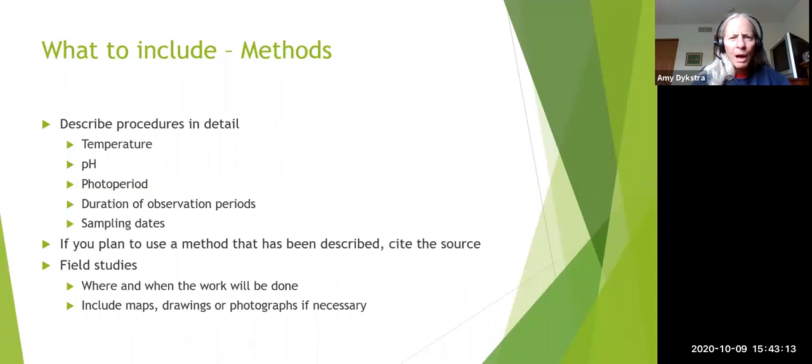And if you are planning to modify that method, then you should make sure you include that in what you write in your materials and methods. If you are planning a field study, you should explain where and when you plan to do the work, and it might be helpful to put in details like maps or drawings or photographs of your study site.